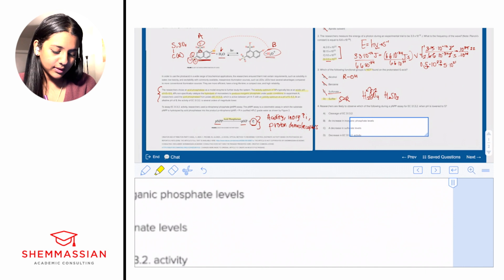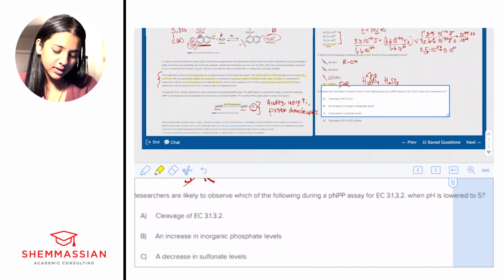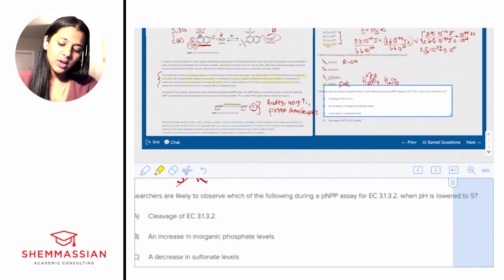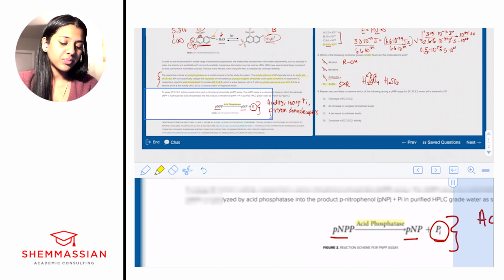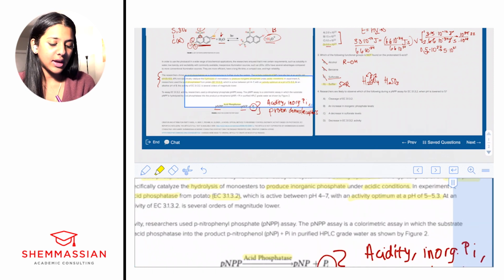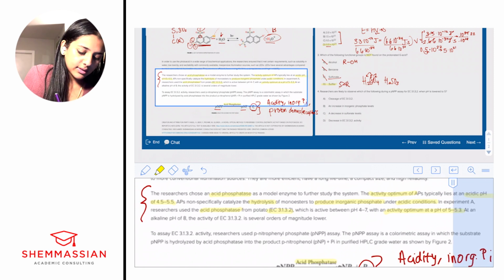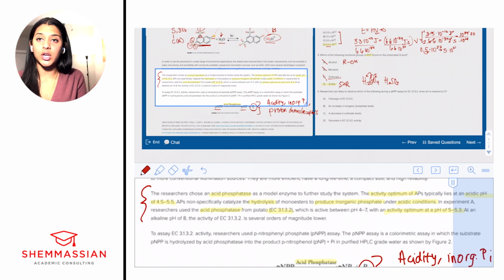And it says here, EC 3.1.3.2 is active between pH 4 and 7 with an activity optimum at a range of 5 to 5.3. So if they are lowering the pH of this assay to 5, that is right in that activity optimum. So that means that this acid phosphatase, EC, is going to be at the peak of its activity. It's going to be working really hard.